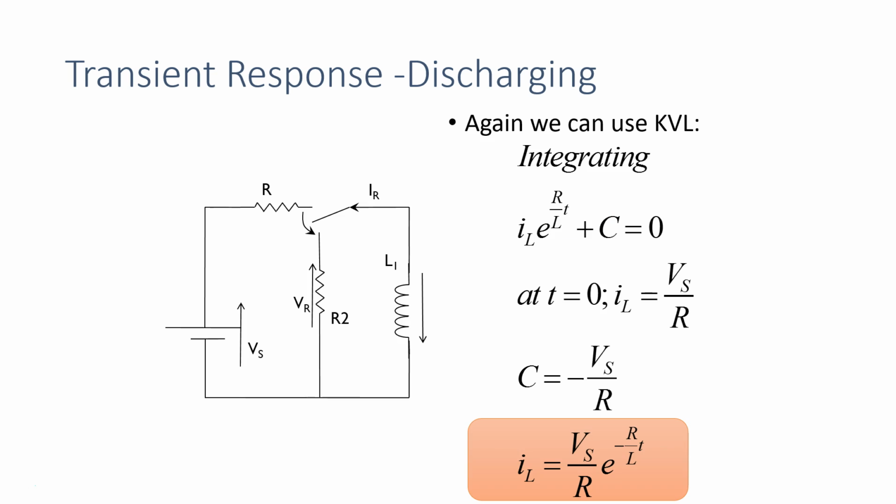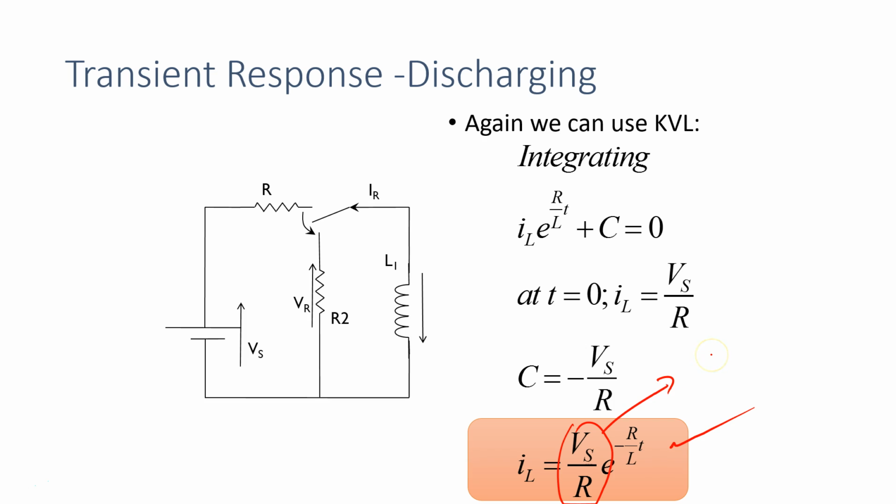So we go through the whole thing again, and what we end up with this time, after we find our constants, and again you should go through this at least once by hand. It's the normal way to solve a first order differential equation. We will get Vs on R times e to the minus R on L t. This Vs on R again represents the initial current through the inductor.